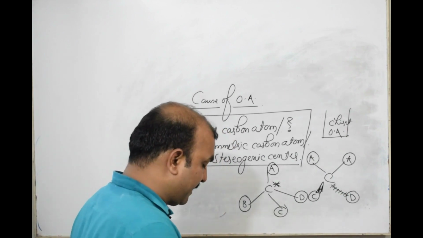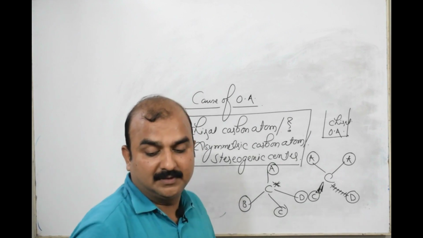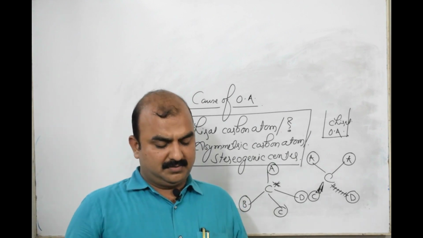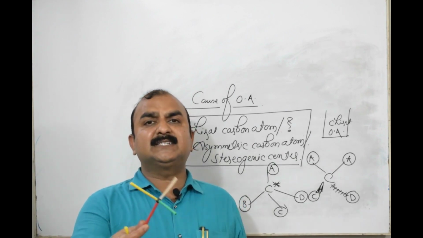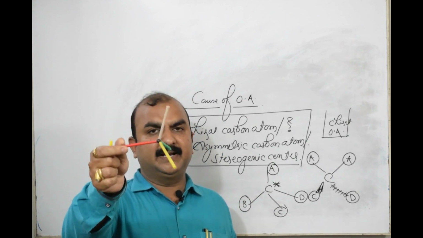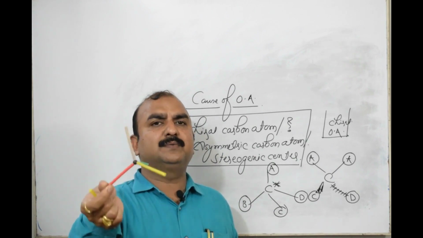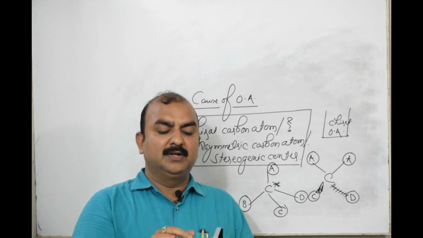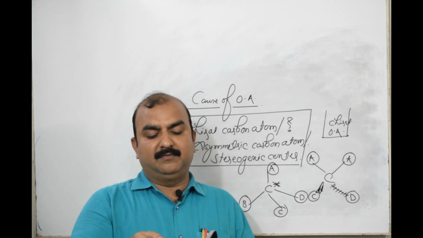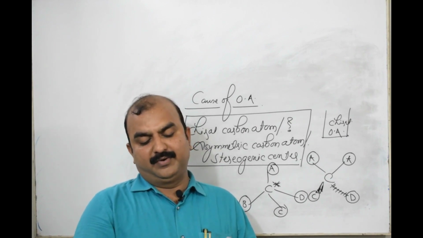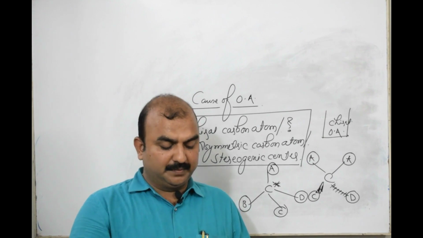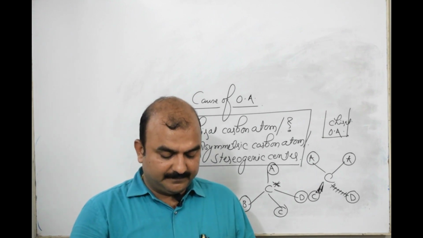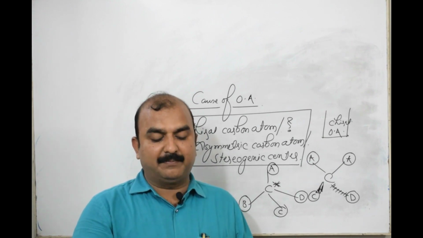Please see. Now, this is a chiral carbon atom. Agree? Because the 4 attached groups are different. Now what I will do is remove 1 group and put 2 similar groups. See what is going to happen.